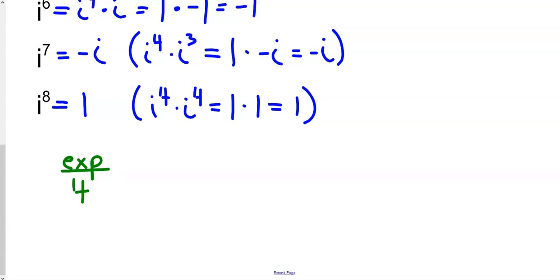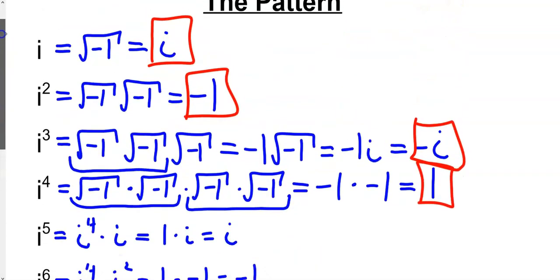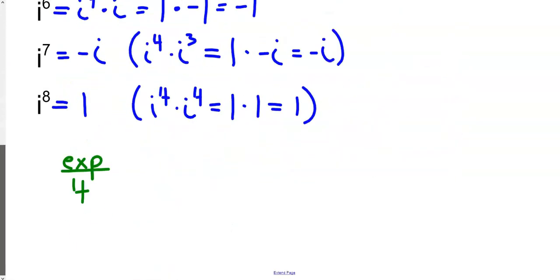Whatever the power on the i is, take the exponent and divide it by 4. The reason we're dividing by 4 is because there are only 4 options: i, -1, -i, and 1. So we divide it by 4, and you're going to end up with some number with maybe a decimal. And it's the decimal that we care about.